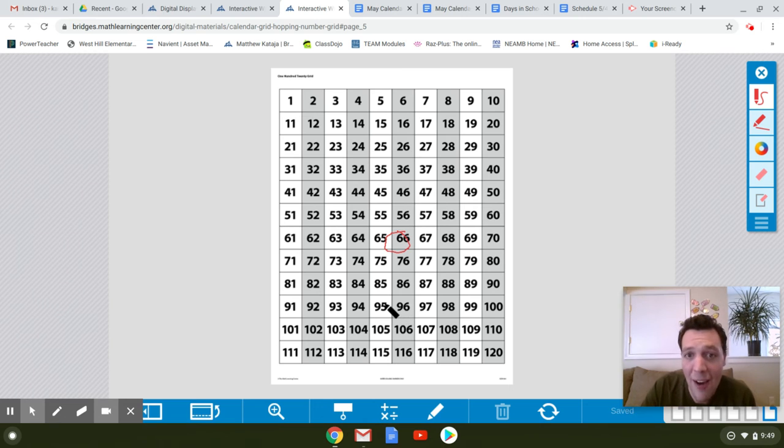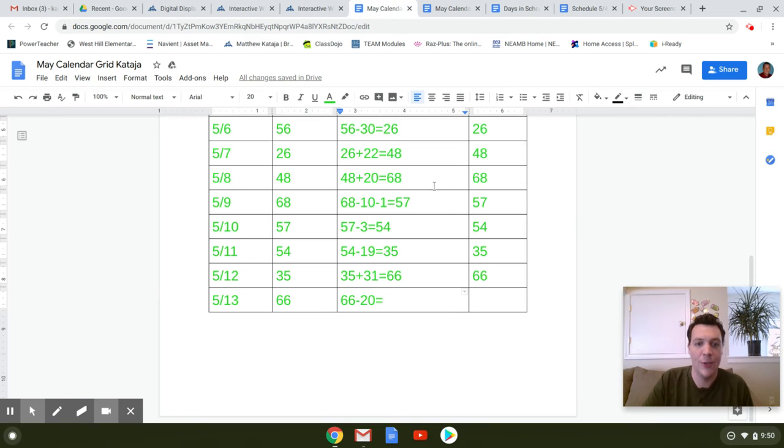No, I'll be here forever. And we know that one arrow up is 10. So 20 is just 2 tens. So instead of counting by ones, I can skip count by 10s backwards. Ready? 10, 20. So what number did he end on? He ended on the number 46. So that is our answer. That is where we ended.